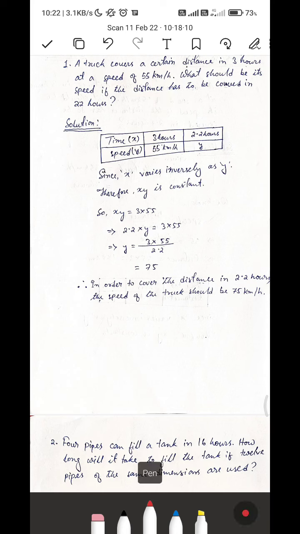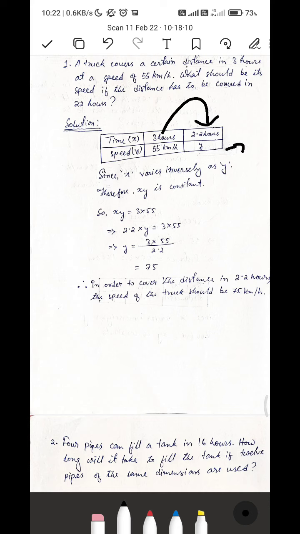So let's start with the solution. We have made this table. Time we have taken as x and speed we have taken as y. Now we can see that these two variables vary inversely. That means an increase in one will cause a decrease in the other, and a decrease in one will cause an increase in the other. This means a decrease in time will cause an increase in speed.